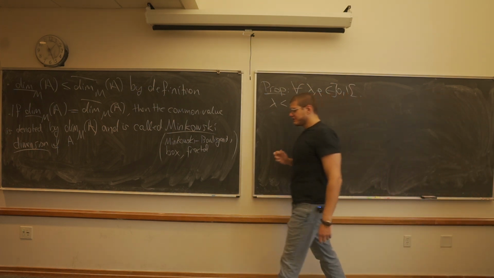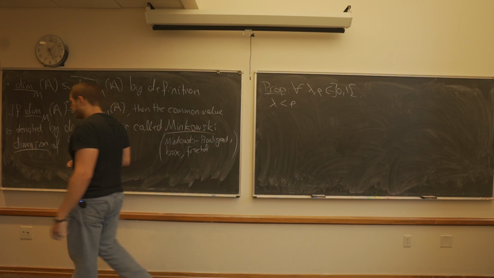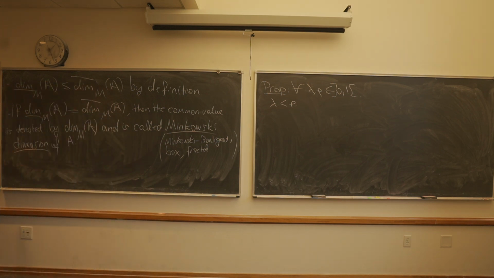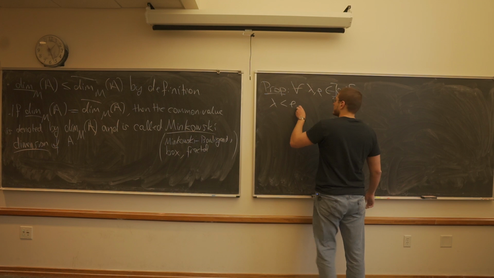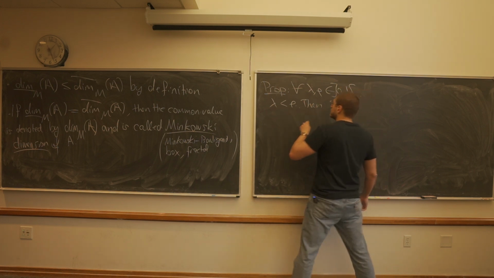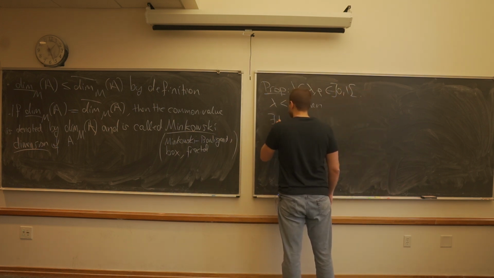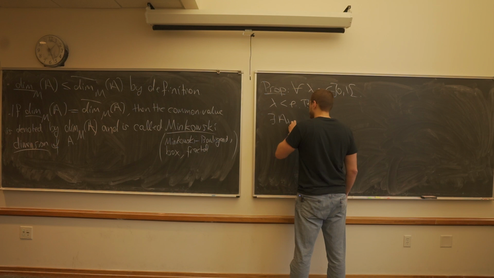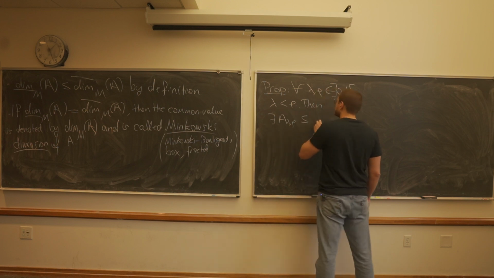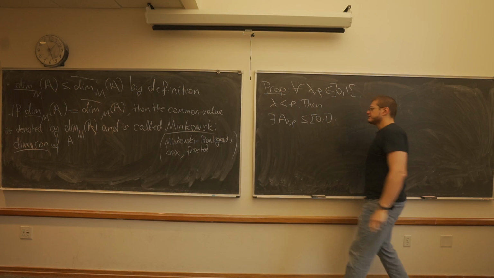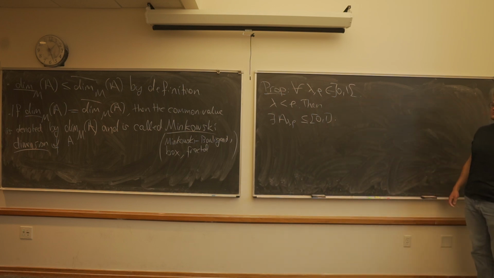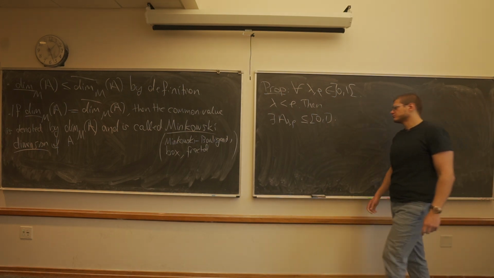Then there is a subset, A sub lambda comma rho, an explicit construction, such that its lower Minkowski dimension is lambda and the upper Minkowski dimension is rho.